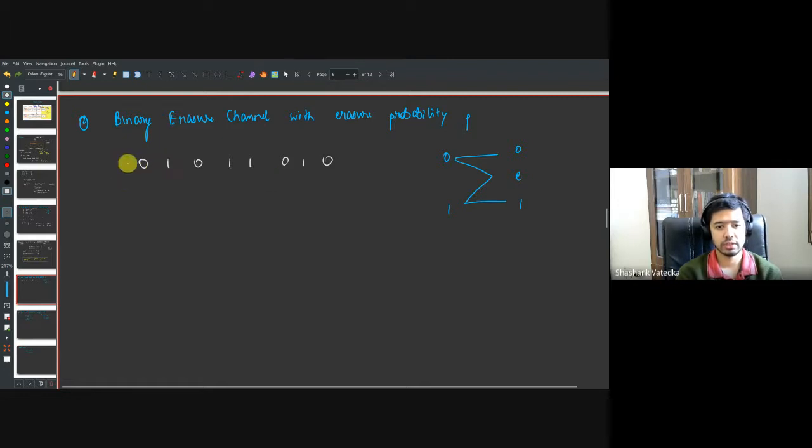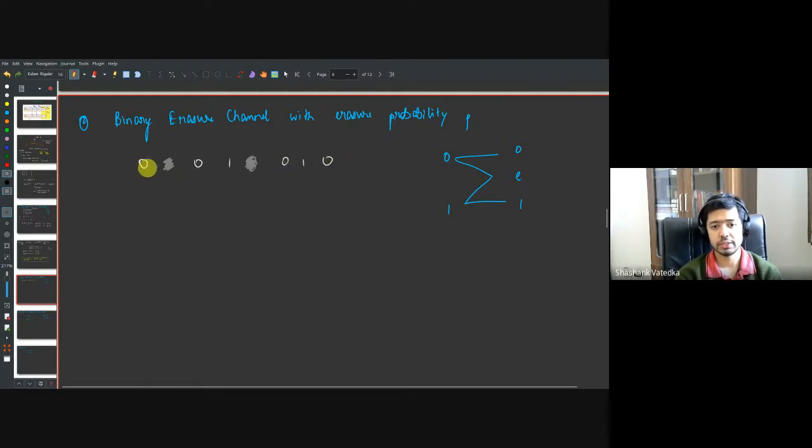Each bit is transmitted one after the other through this channel, or maybe someone writes this down on a piece of paper, and there is a malicious person, or the way the channel acts is that with a certain probability p, the bit is erased or maybe just scratched out. So you scratch it out. Basically, you know that there is something over here, but you can't say whether it is 0 or 1. So you transmit a sequence of n bits.